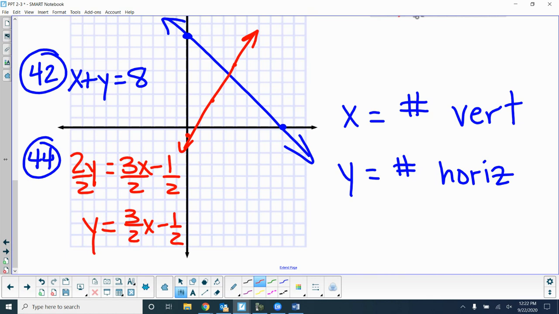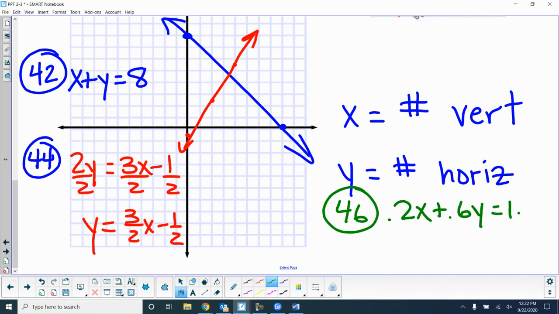And then the last one you were supposed to do was 46. I think I would do x and y intercepts again because of the decimals. 0.2x plus 0.6y equals 1.8. So I would just put 0 in for y to find the x-intercept.